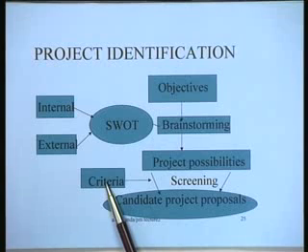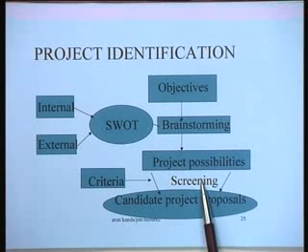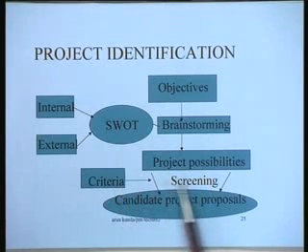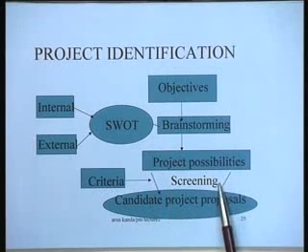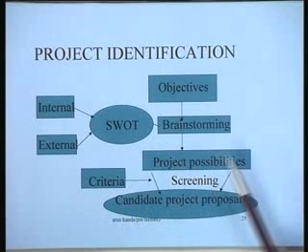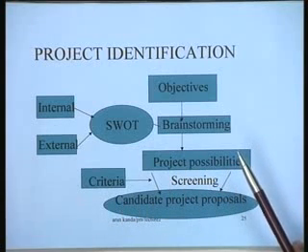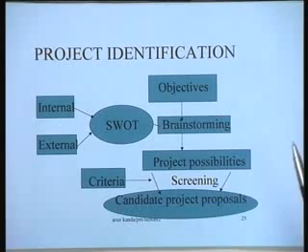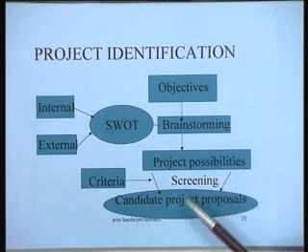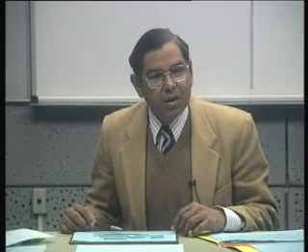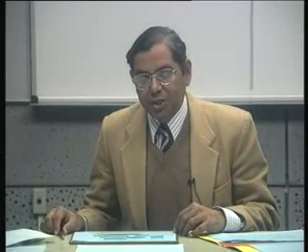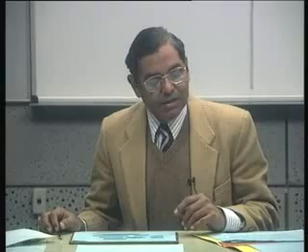We chose 4 criteria for doing this screening exercise. And subsequently, as a consequence of this screening, we have a set of candidate project proposals, which in the example that we were doing, we had only 3 major proposals which could come out of the whole exercise. So I think this is the whole framework of project identification as we look at it.